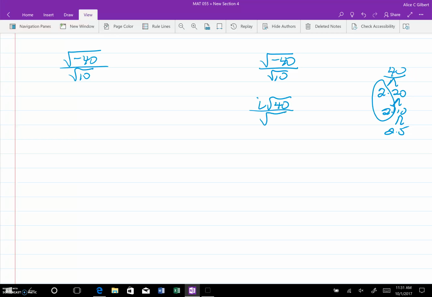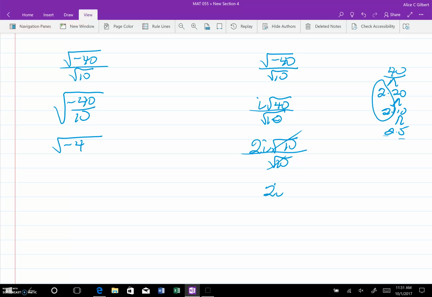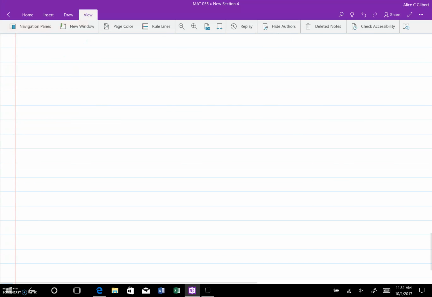So over the square root of 10, that would be 2i times the square root of, and 2 times 5 is 10, over the square root of 10, those are gone. My answer is 2i. But once again, I look at this and I say, let's do this. So I end up with -4, take out the i, square root of 4, 2i. Again, you decide which way you want to do it.